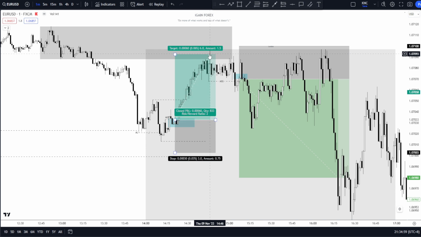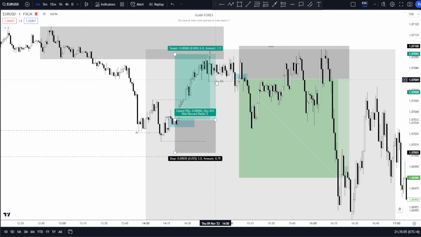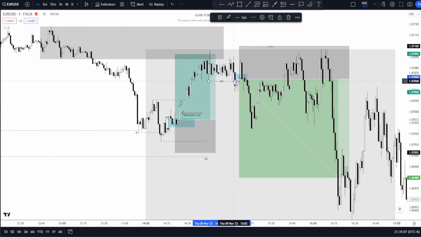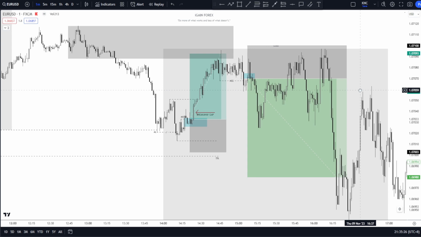Indeed, we have this reaction on the 15-minute supply, and then a market structure shift. I entered at this fair value gap, then we have a pullback around this area, and then the take profit hit, just a 1:3 risk reward ratio.